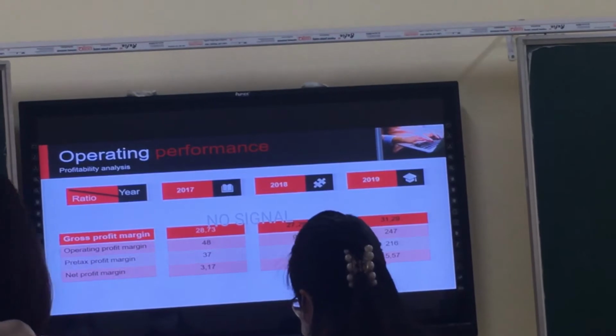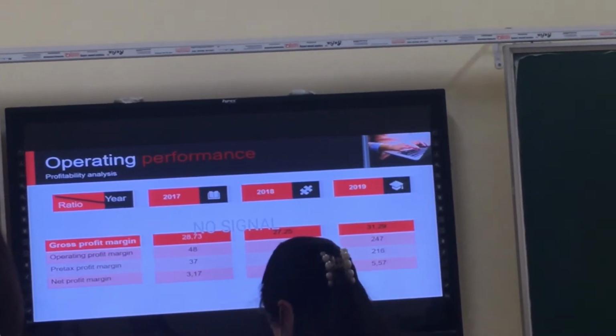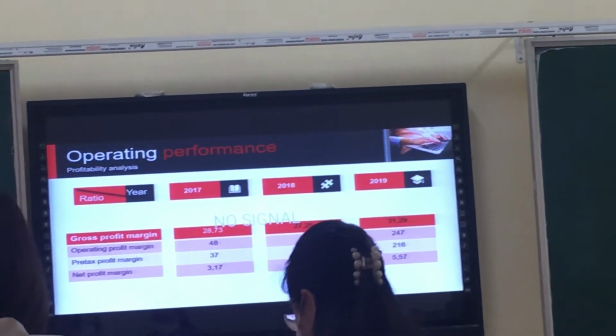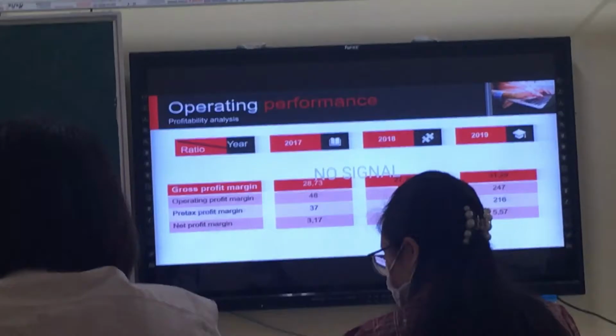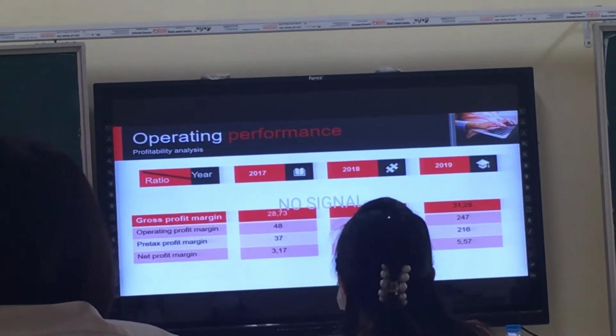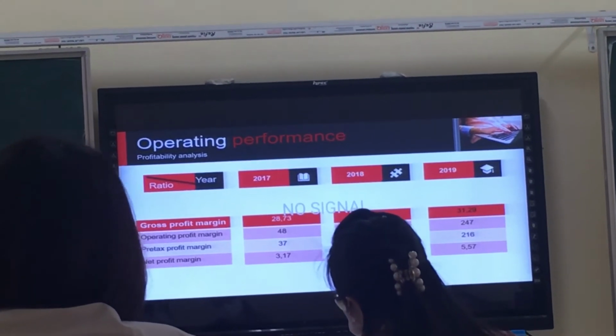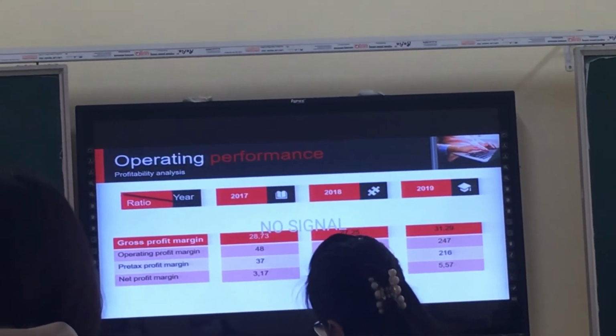And here is the table for the operating performance. In operating performance, I analyze 4 indicators. The first one, gross profit margin. The second is operating profit margin. Next, pre-tax profit margin. And the last one is net profit margin.